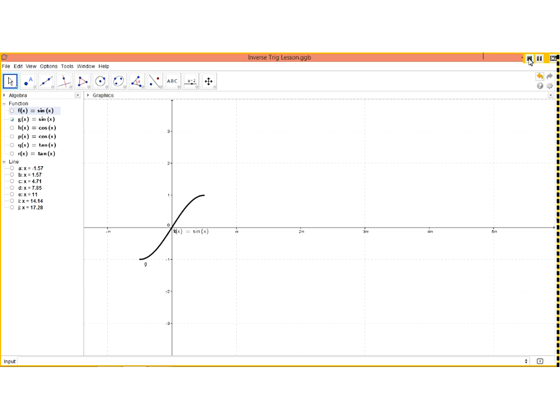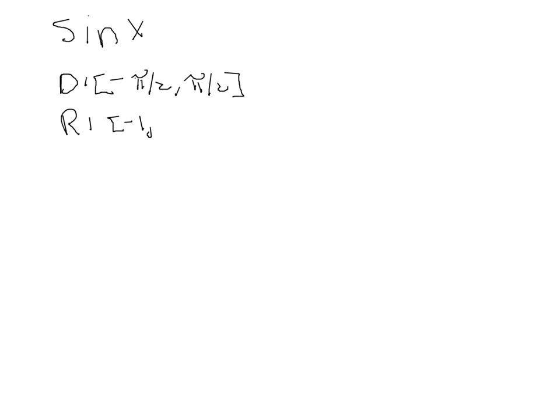So I'm going to go back to here. And so I'm going to start off with sine, where my domain is -π/2 to π/2, and my range is -1 to 1. I'm also going to put 3 points of interest on here.